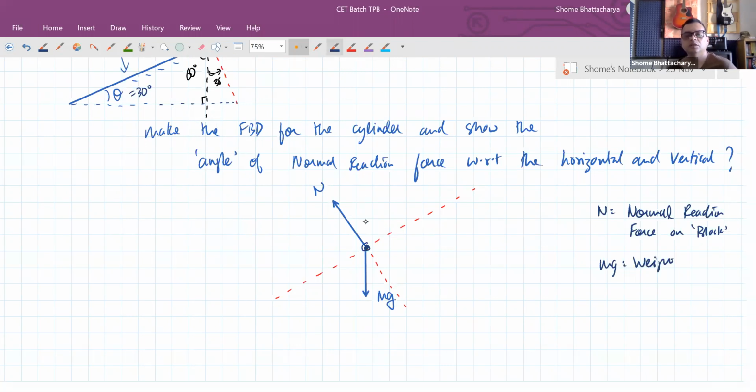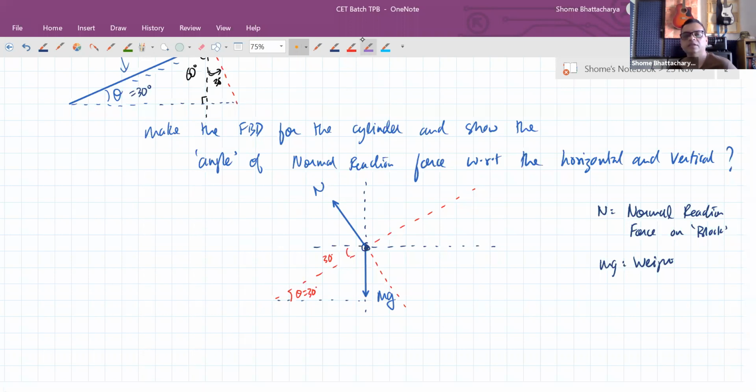Okay. But more importantly, if we draw the vertical axis here and the horizontal axis here, like this, okay, we can see that with respect to the floor, this angle was theta equal to 30 degrees. So this angle is 30 degrees.